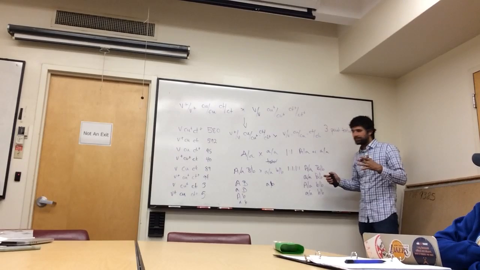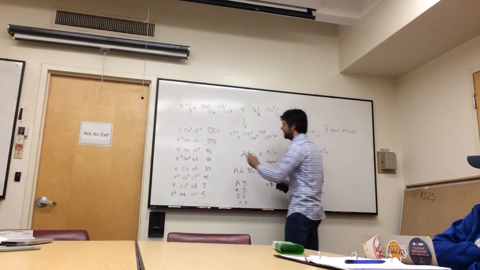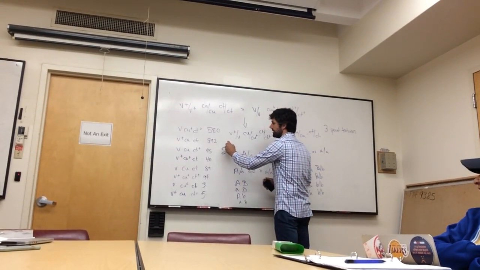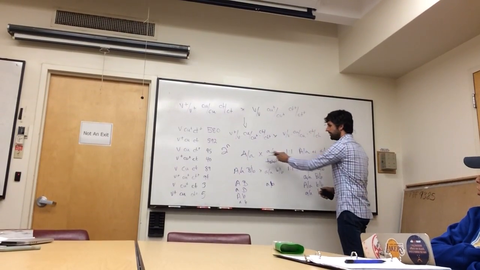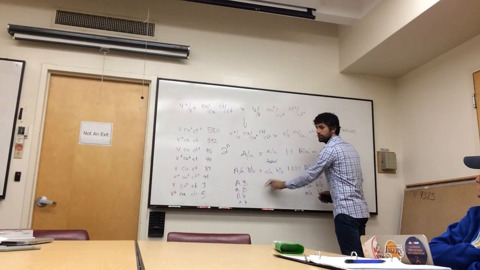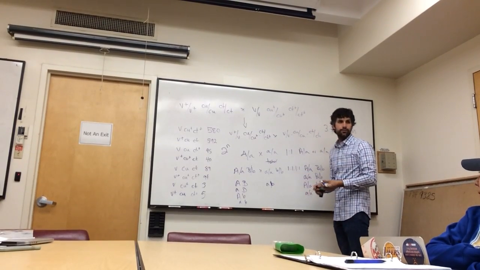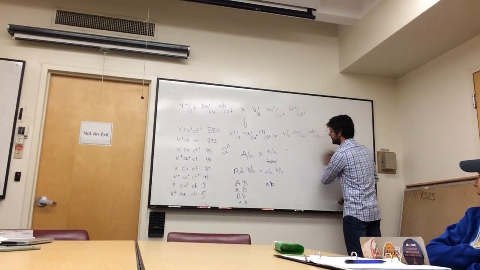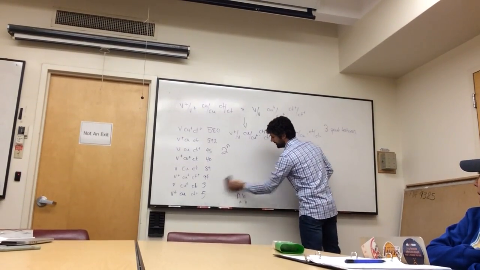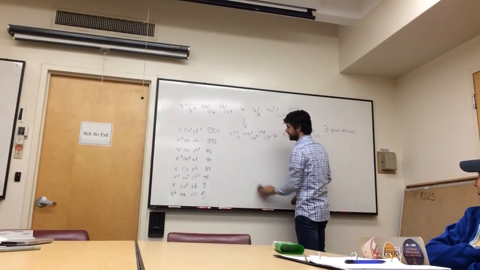Okay, so what you're noticing there is a pattern where we're going like 2 to the n, where we're talking about n loci. So this is one locus, so we have 2 possibilities. Here we have 2 loci, so that's 4 possibilities. 3 loci, that's 8 possibilities. All right, so we have 8 possible genotypic classes.